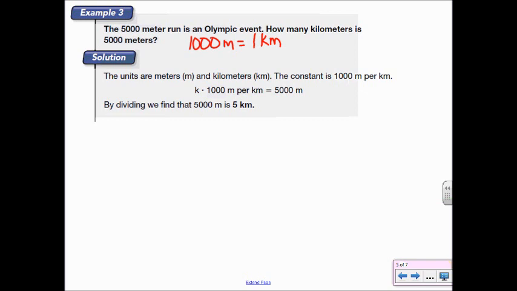So I can come up with the 2 fractions of 1,000 meters per 1 kilometer, or 1 kilometer per 1,000 meters. And then I look at my problem, and I see that I have 5,000 meters.